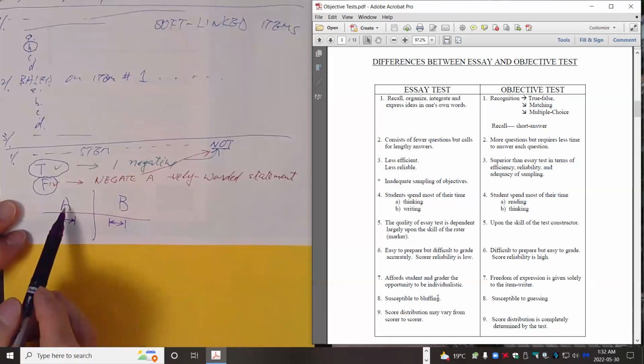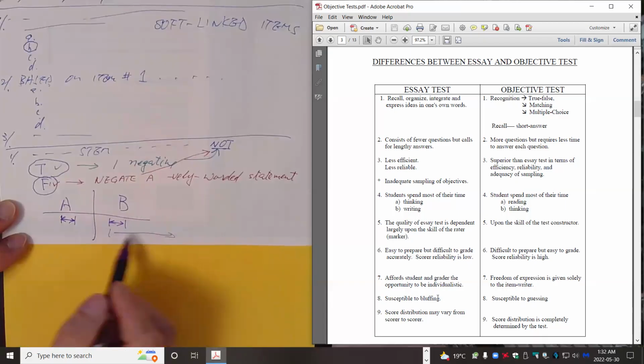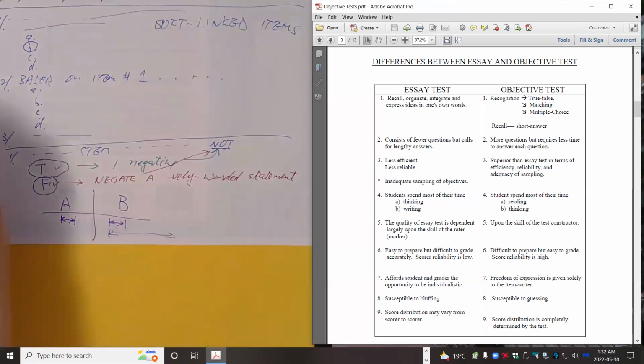Even though the content covered is so little, B's answer is long and beautifully written.